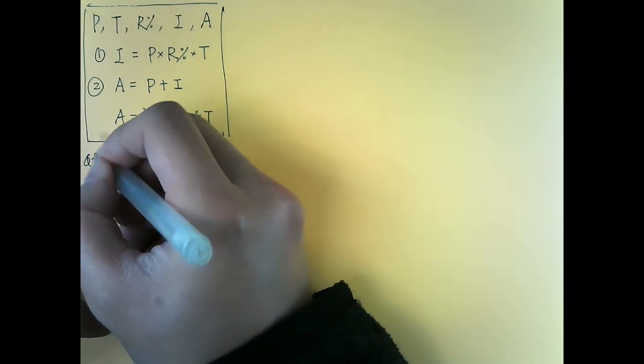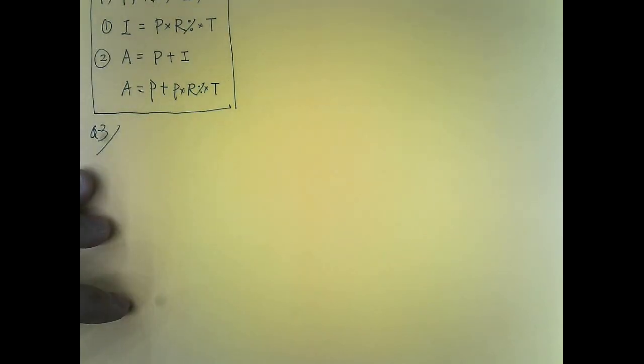So let's go to the stage 1 exercise. Go to question 3. Read the question. Kathy invests 10 million, put a P there, in a bank at an interest rate of 5% per annum, meaning yearly interest rate, for 15 months. 15 months is the T, but it is not in years.